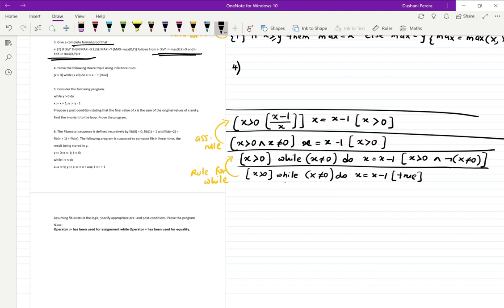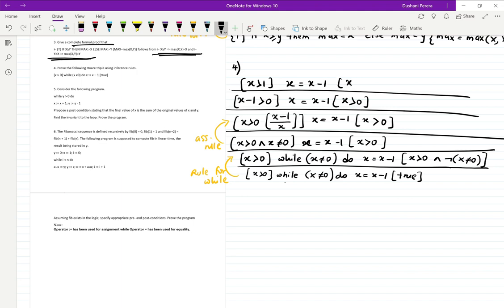Now let's simplify this by adding e to x. So we have x minus 1 greater than 0, x equals x minus 1, x greater than 0, which means x is greater than 0, x equals x minus 1, x is greater than 0.